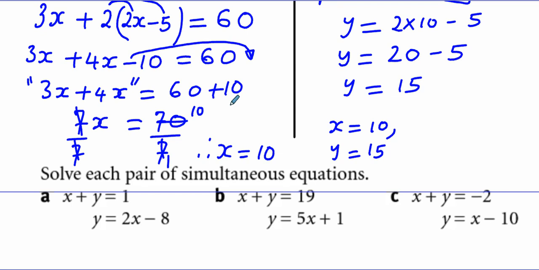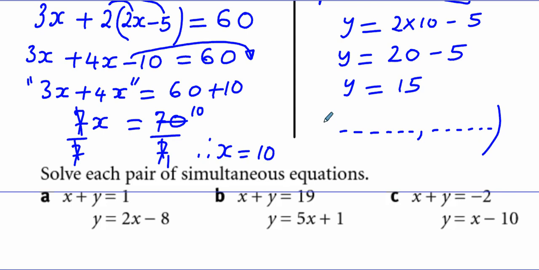Now, there is another way of writing the final answers. Sometimes you can find dotted lines here, then a comma, and then some other dotted lines, all kept in brackets.